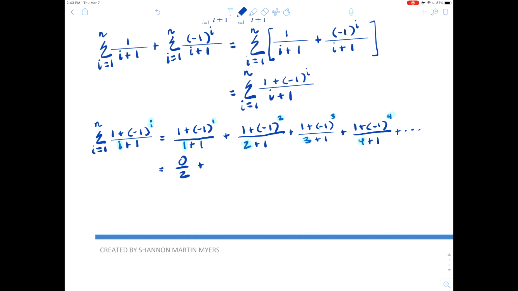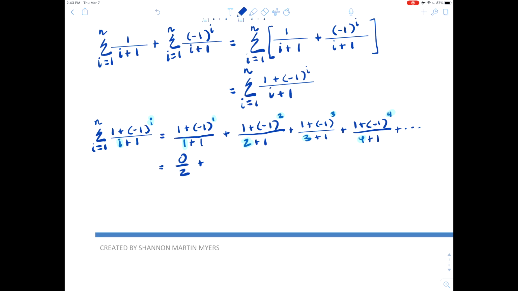I got 2 over 3, because that negative 1 squared is 1. And then over here, I'm back to getting a 0 over 4. And then plus 2 over 5. And it would keep going on in this manner.